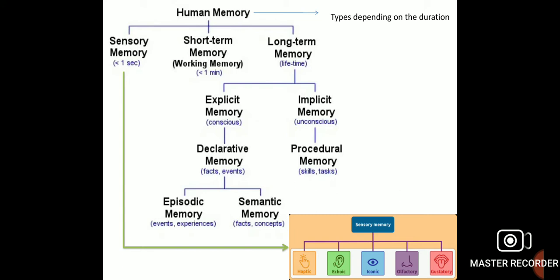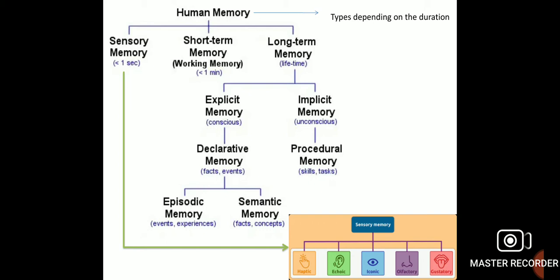So what are the types of memories? Depending on the duration for which the memory is stored, there are three major types of memory: sensory memory, short term memory, and long term memory.